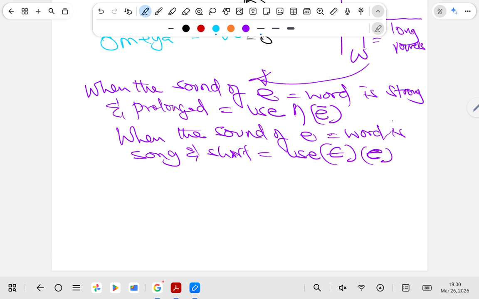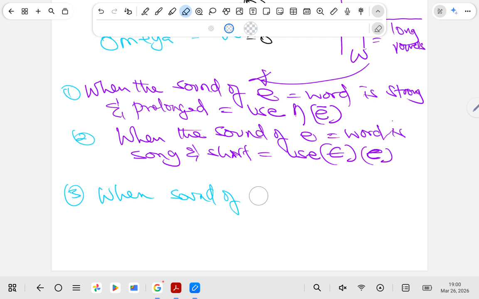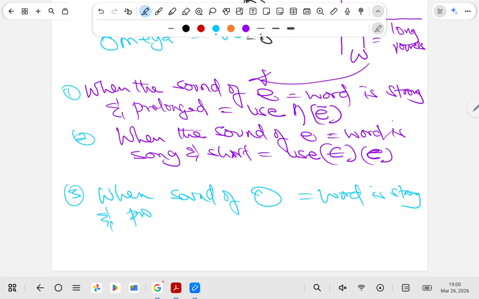Okay, so when the sound of the O in the word is strong and that sound is prolonged, what do we use?